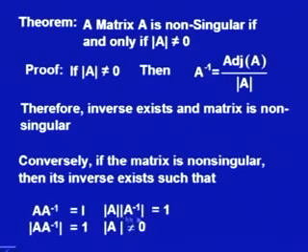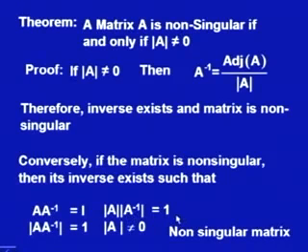So, we apply the product rule: determinant A times determinant A inverse is 1, and this simply means the determinant of the product of two matrices, its result is 1. So, determinant A cannot be 0. That simply means that for a non-singular matrix, determinant A is not 0.